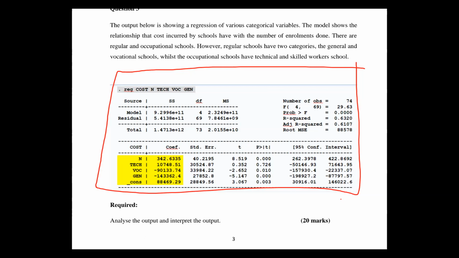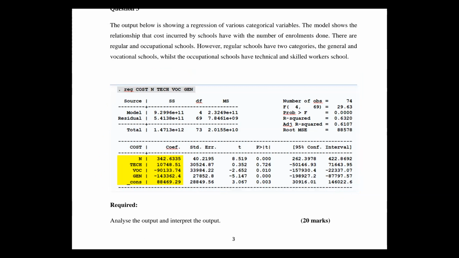So where do we start from? Let's start from analyzing the coefficients. These are the coefficients that you have. And just as I said, this one written here is the y variable.